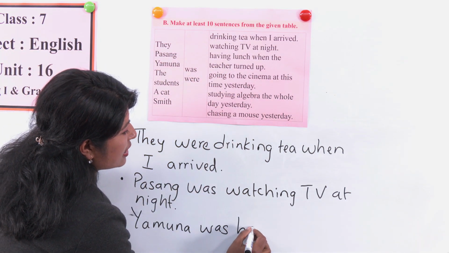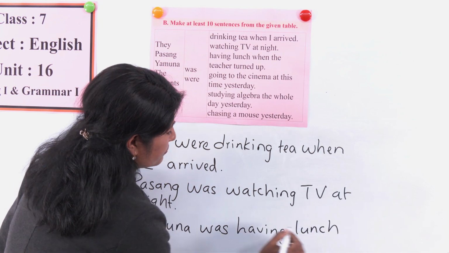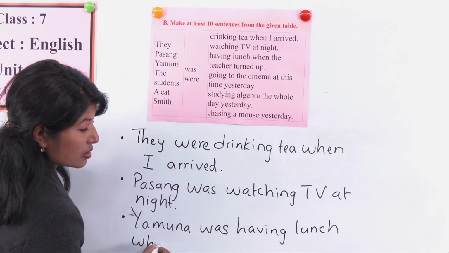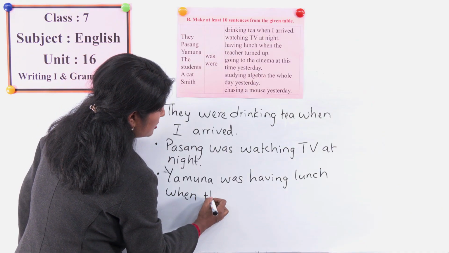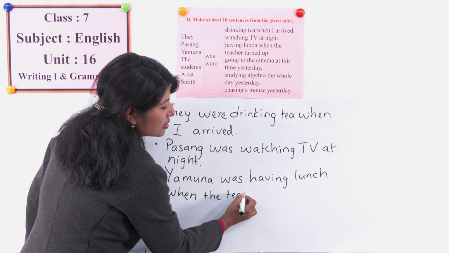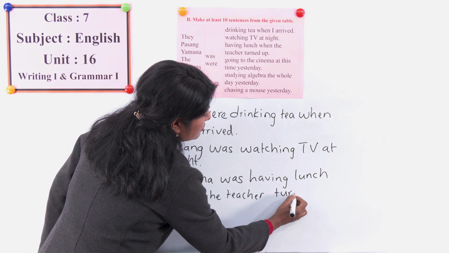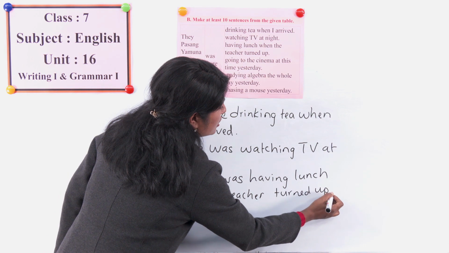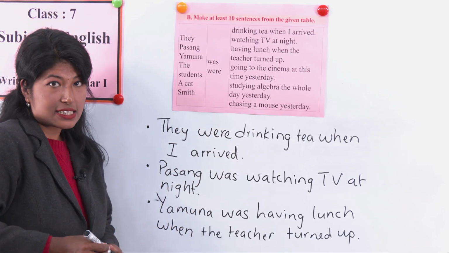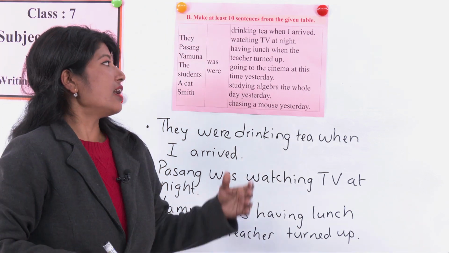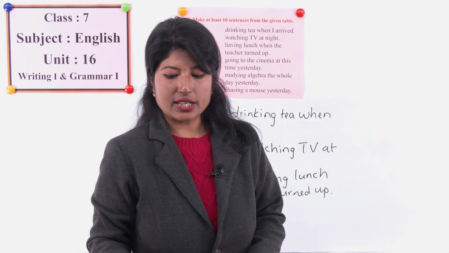Yamuna was having lunch when the teacher turned up. Okay, like this you can form some more sentences. You are asked to form 10 sentences. Okay, you can form that.